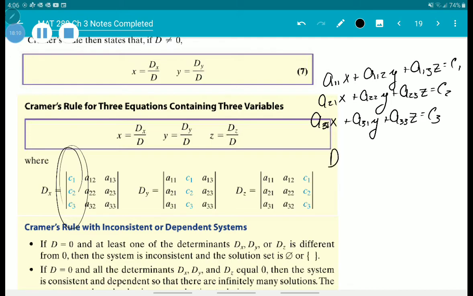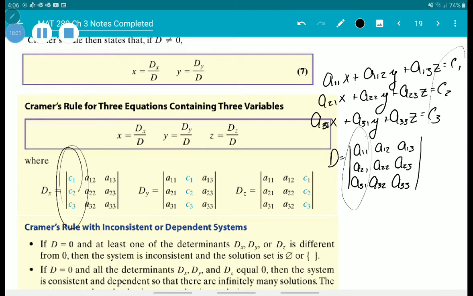So then our D matrix is that coefficient matrix. So then dx would replace that x column with what's on the other side of the equal. So that's where this column's coming from. Just like we did up there in 2 dimensions.